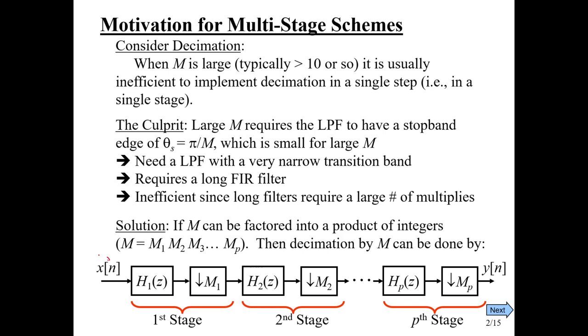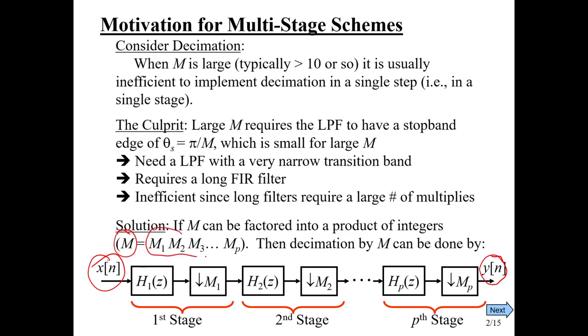So we've got a signal x of n that is at some higher sampling rate, and we'd like to decimate it by a factor of M, so that we get y of n at this new sampling rate that is a rate of 1/Mth of what it was at the beginning. And now we're doing it in P stages.